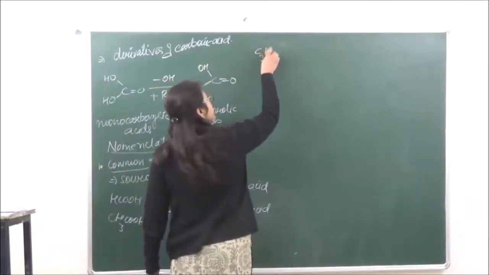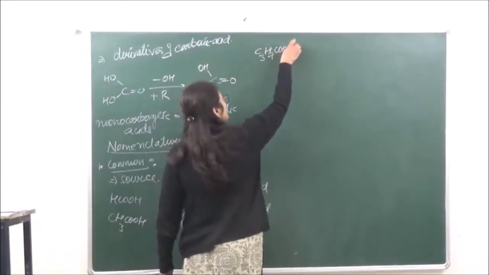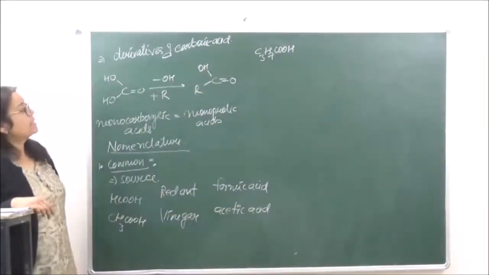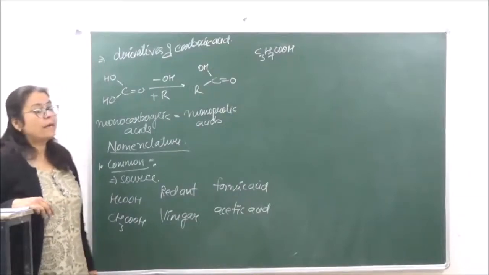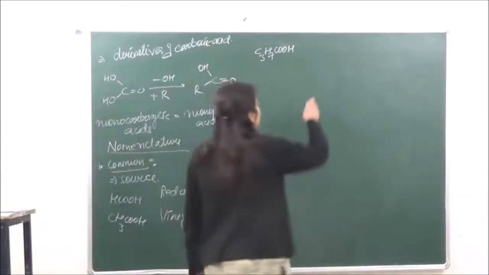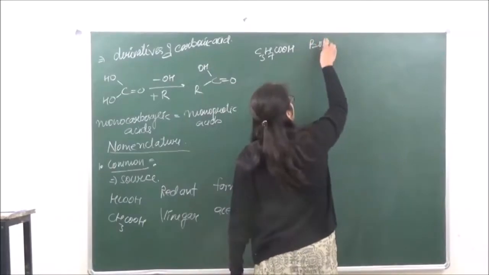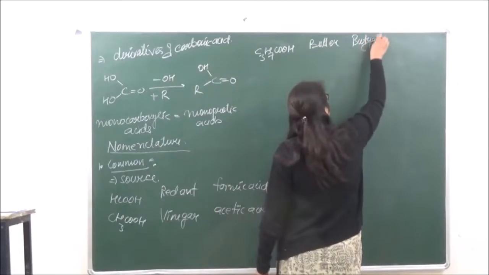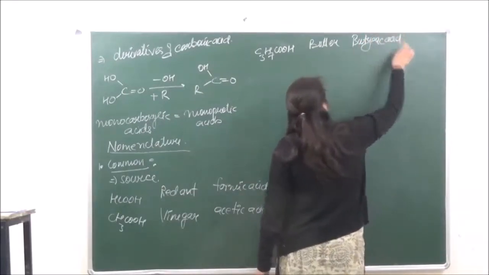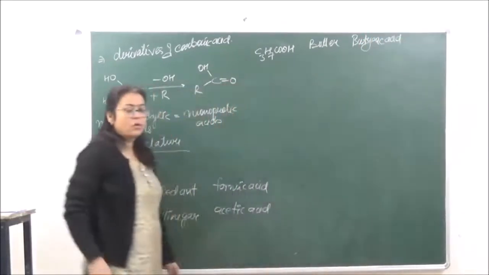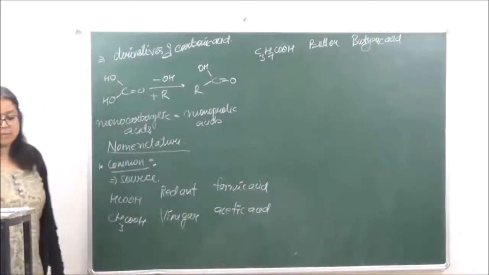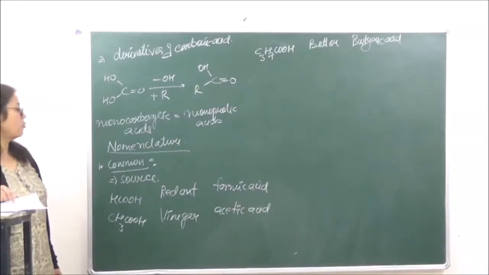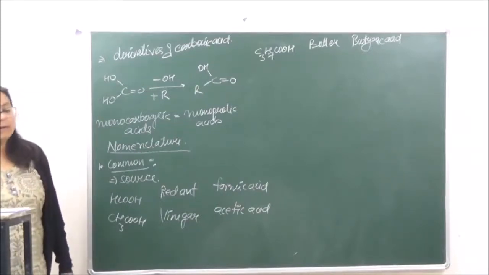Then we have C3H7COOH. This is obtained from butter, so that is how it has the name butyric acid. These are certain common names depending upon the source from which we get the particular acid.